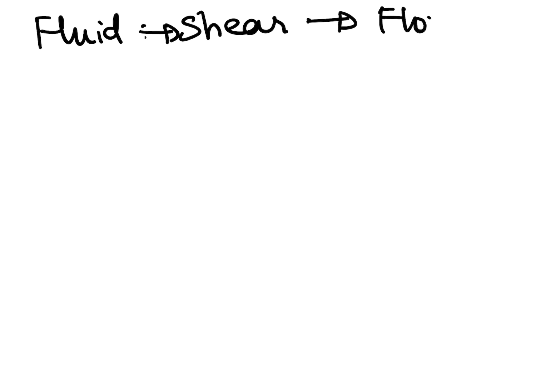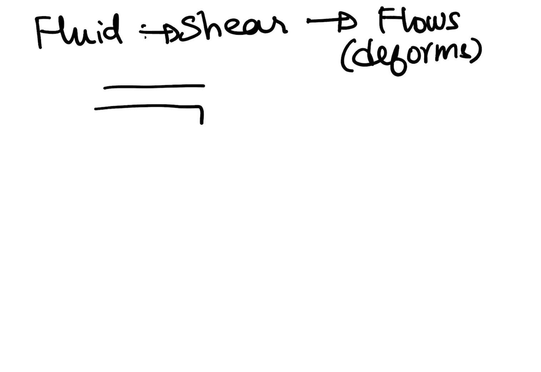A fluid, by action of shear, flows, or in other words, deforms. You can think of very common examples. If you have a faucet, you can have the water dripping or flowing. You can think of many other flows. You can have gasoline flowing through a pipe, or blood flowing through your body.